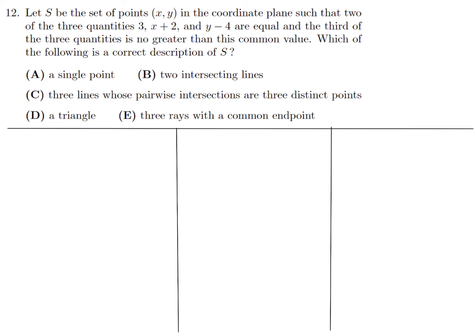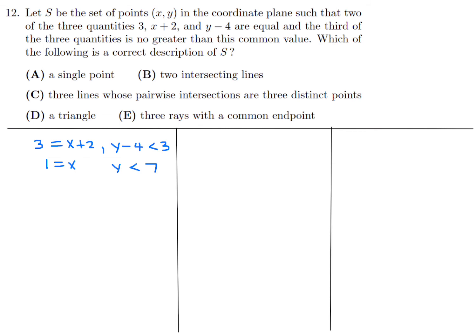So the first one, 3 is equal to x plus 2, and y minus 4 will be less than 3. That's basically from the information in the question. So that means x is equal to 1, and y is less than 7.